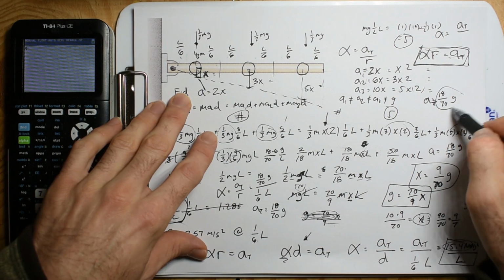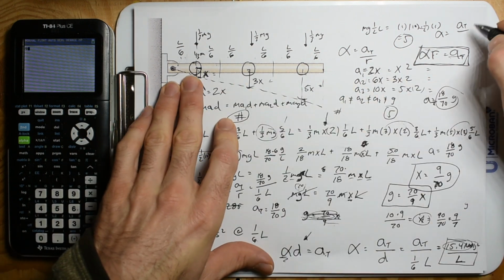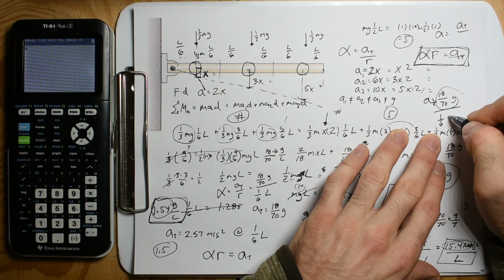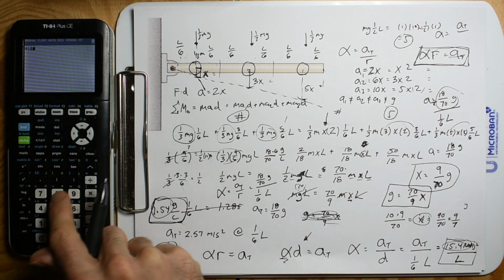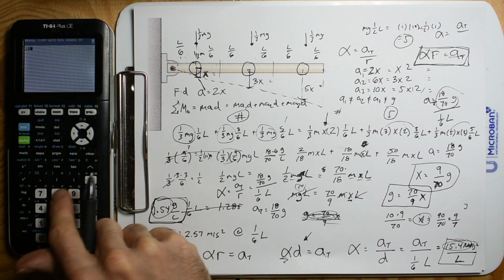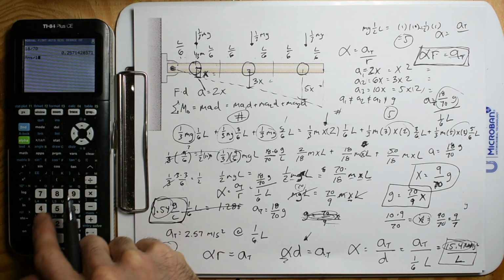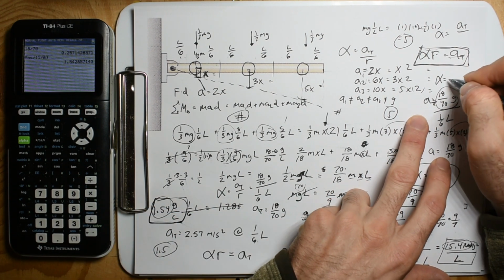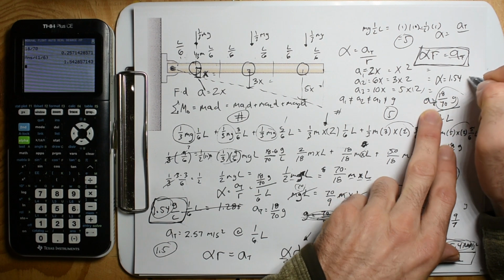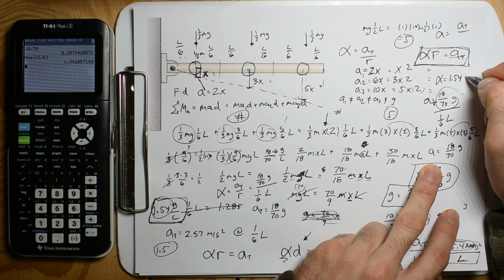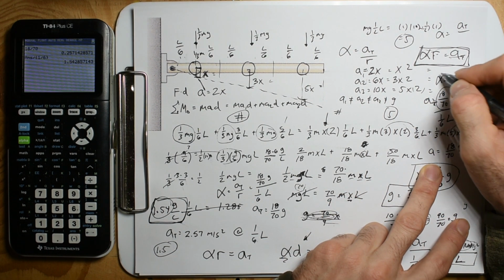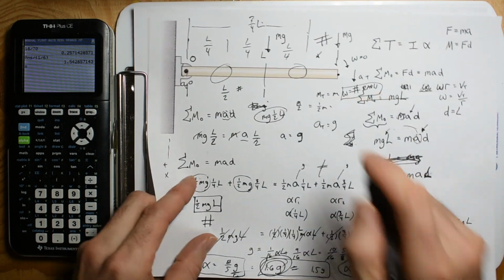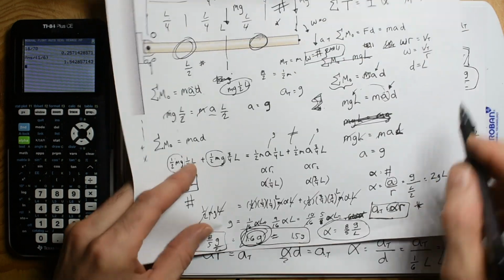The distance is 1/6 L, so we have this divided by 1/6 L, 18 divided by 70 divided by 1/6. That gives us an angular acceleration of 1.54 g divided by L. And if we go back to just having 2 masses, this had 3 masses.